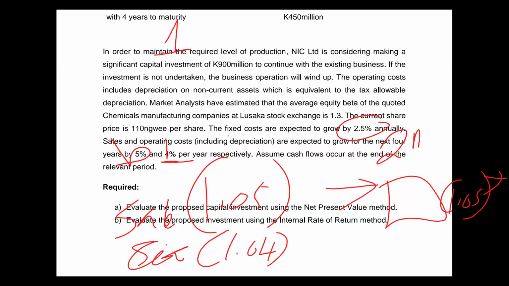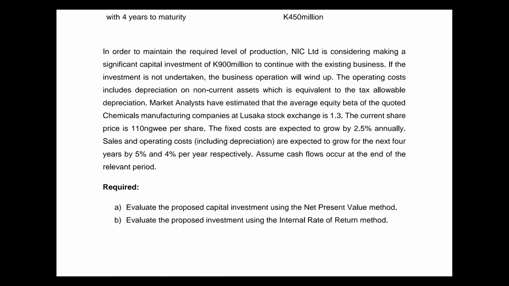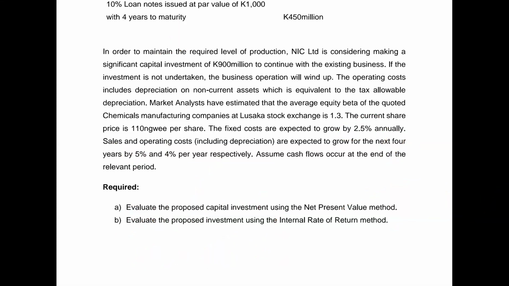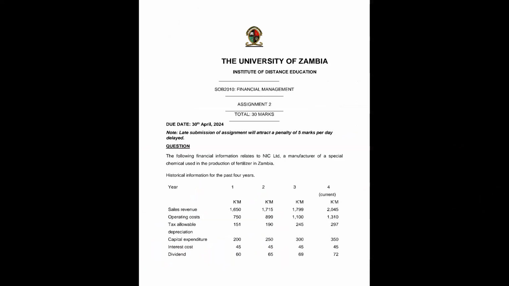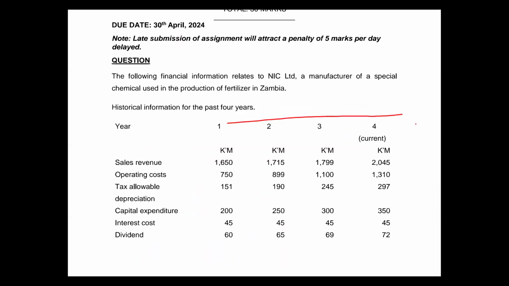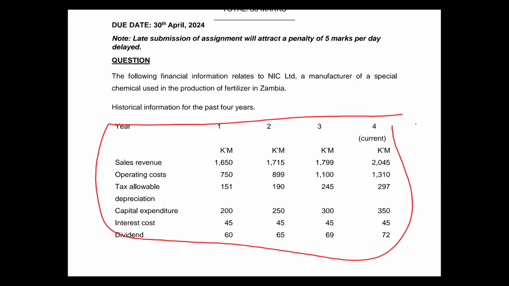The data that we do have is historical. These are not future years, they are past years. Remember when you are calculating net present value, you need the future values, you don't need the past values. So for that reason, this data is useless.